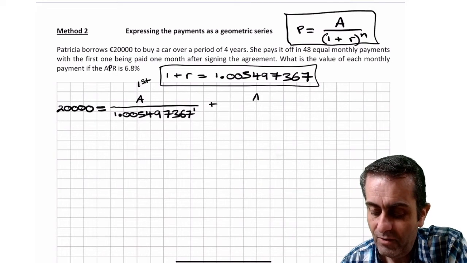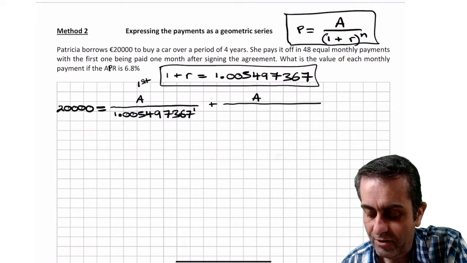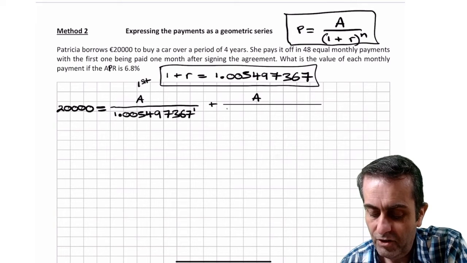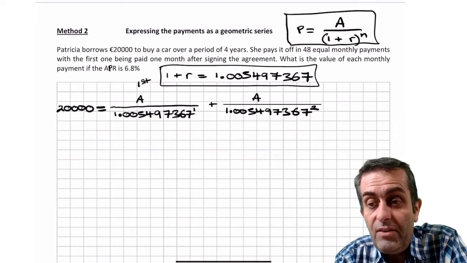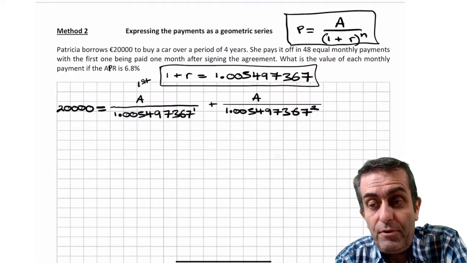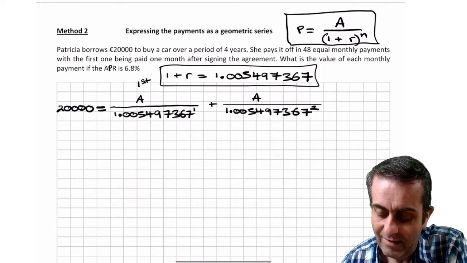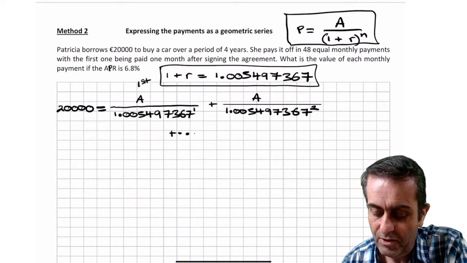Her next payment is going to be made 2 months after she signs the agreement, so this should be A divided by 1.005497367 to the power of 2, because at this stage 2 months have passed before she makes that payment. And this continues on until she makes her final payment.